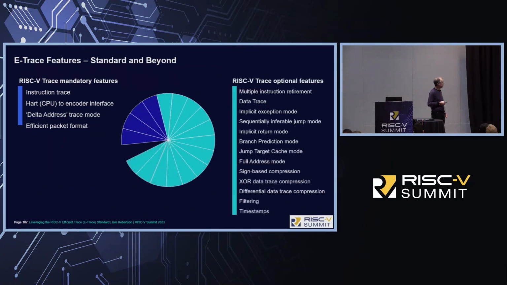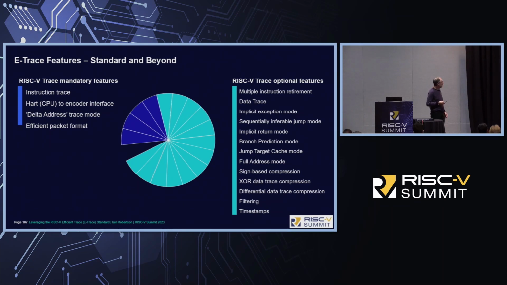So we have data trace, support for superscalar CPUs that return multiple instructions per cycle, several modes aimed at improving the efficiency, a few others that are aimed at making easier to debug decoders, and then support for filtering and timestamps and so on.